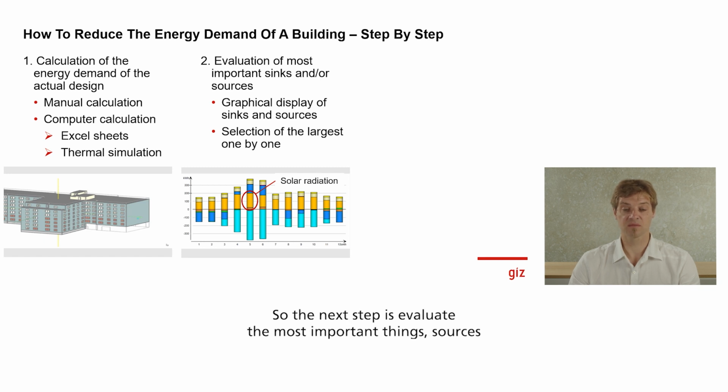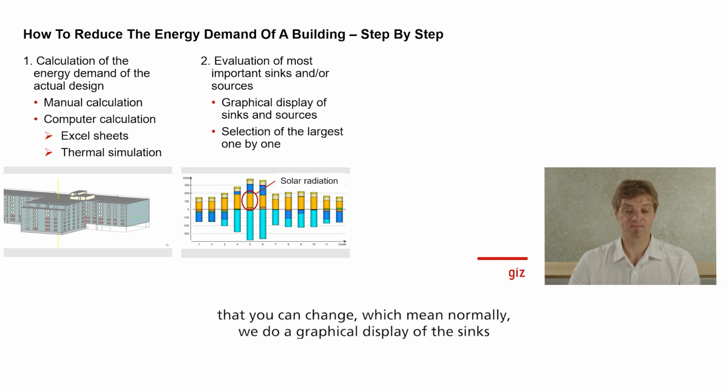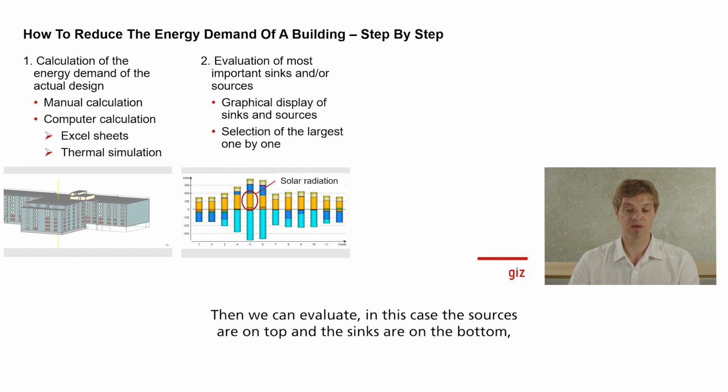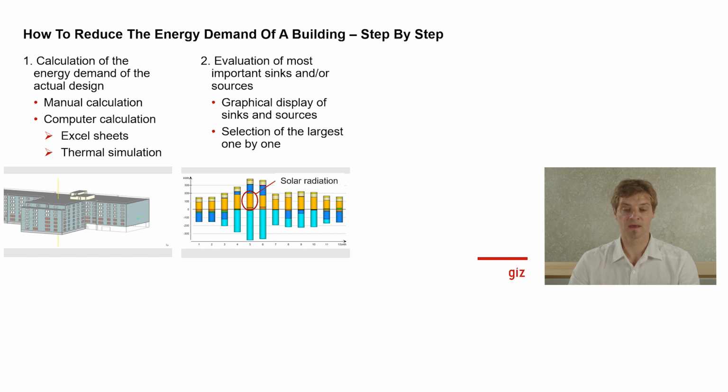is evaluate the most important sinks and or sources that you can change, which means normally we do a graphical display of the sinks and sources as I've showed you before, or as you have seen it down here, and then we can evaluate, in this case, the sources on top and the sinks on the bottom, the major sources, and select the largest one by one, and going to the next step.